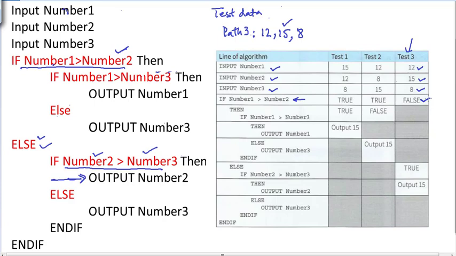And that's exactly what we wrote here, which means all of this code is going to get skipped because this condition is false, and we're going to come to this part here, and here we check whether number 2 is greater than number 3, and number 2 is greater than number 3 because 15 is greater than 8, right? So this is true, which means this output statement would get executed, and that's what we are showing here.